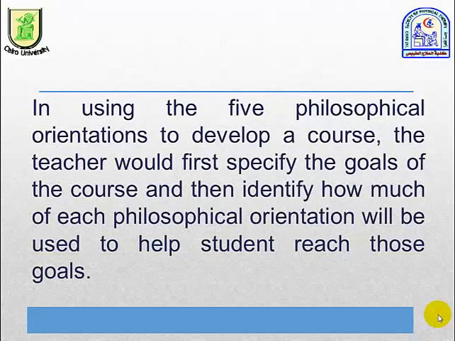In using the five philosophical orientations to develop a course, as we know, the curriculum consists of many courses. So developing a course means different courses will build up the curriculum. The teacher would first specify the goal of the course and then identify how much of each philosophical orientation will be used to help the student reach those goals.